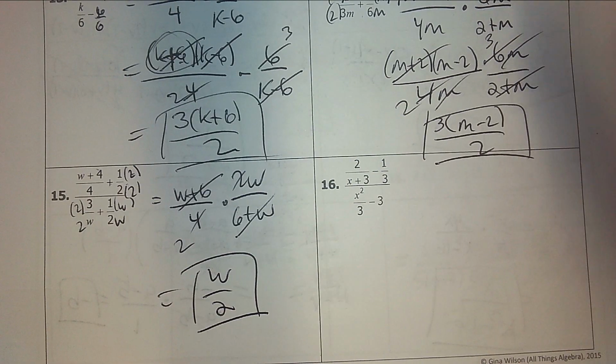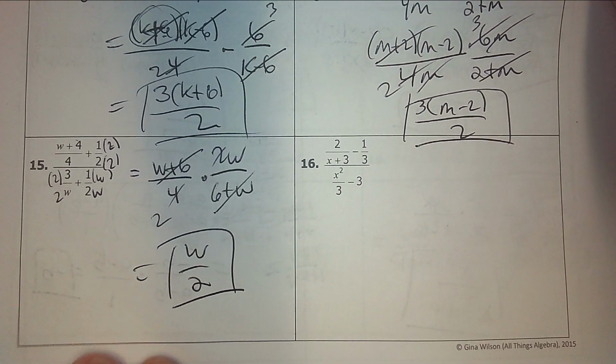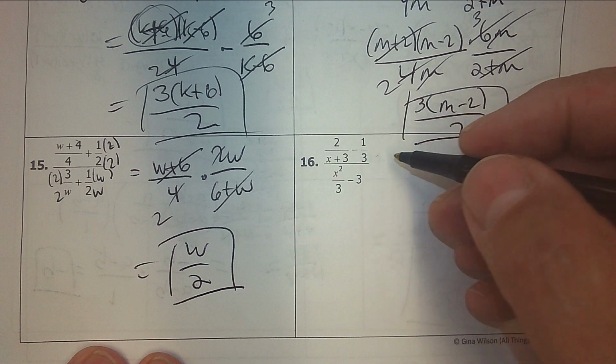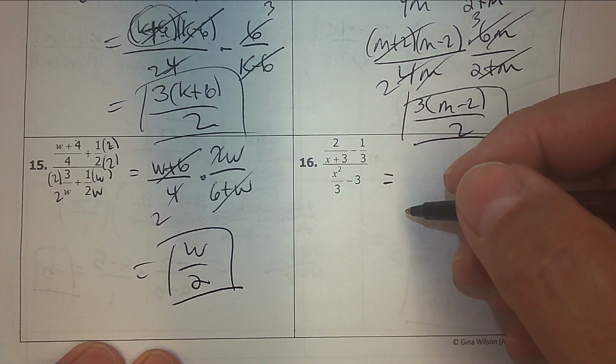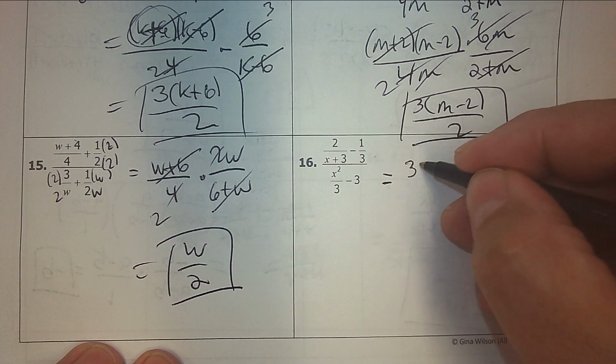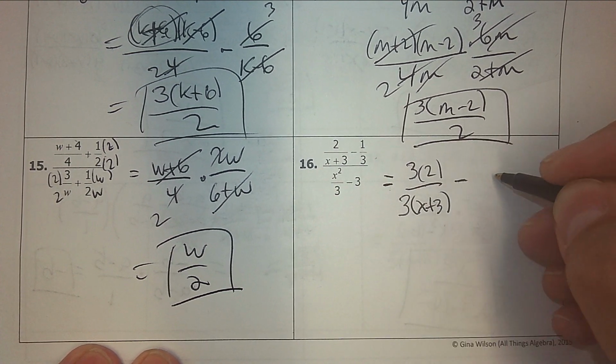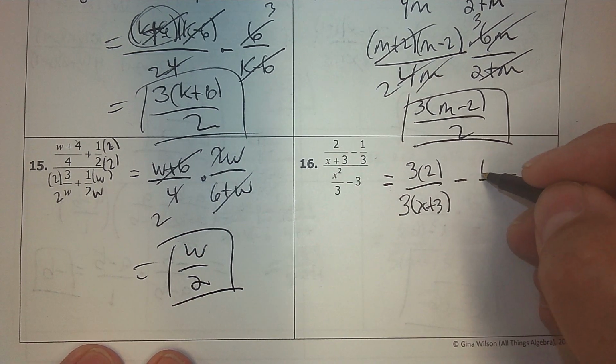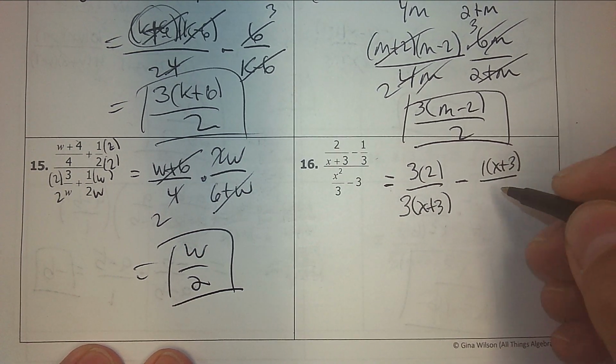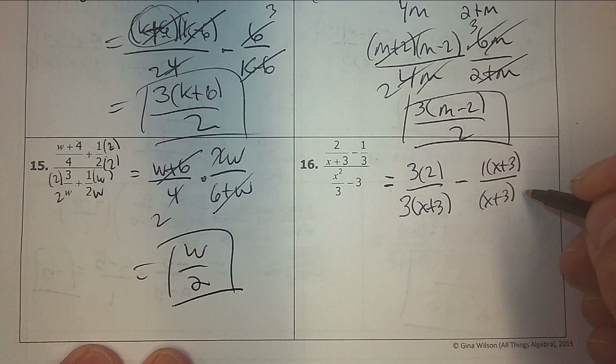All right, last one. So common denominators. So I'll do this one step at a time. The first one needs a 3, top and bottom. The second one needs a x plus 3, top and bottom.